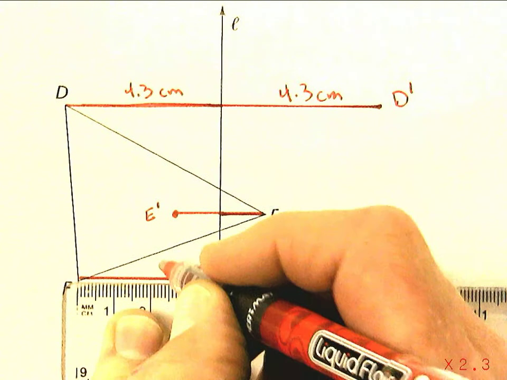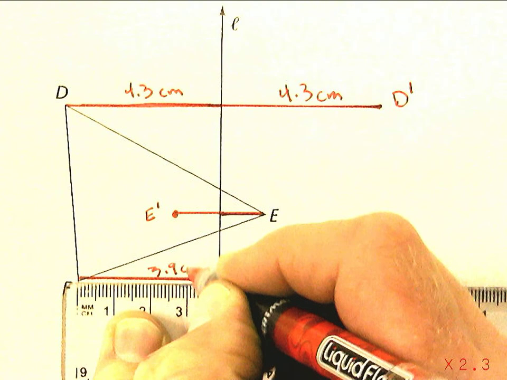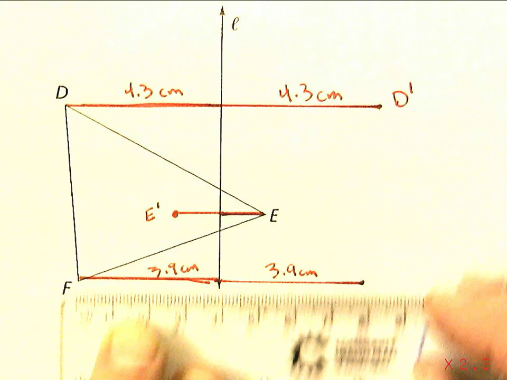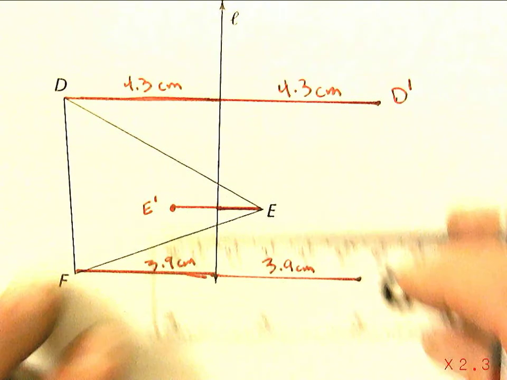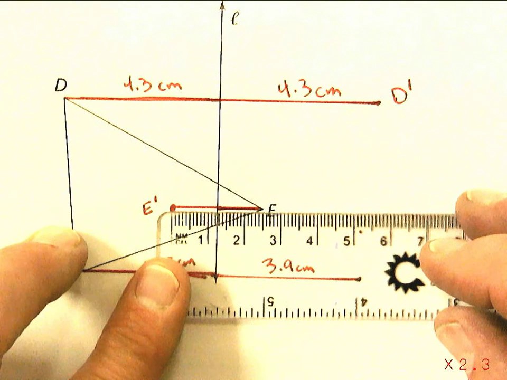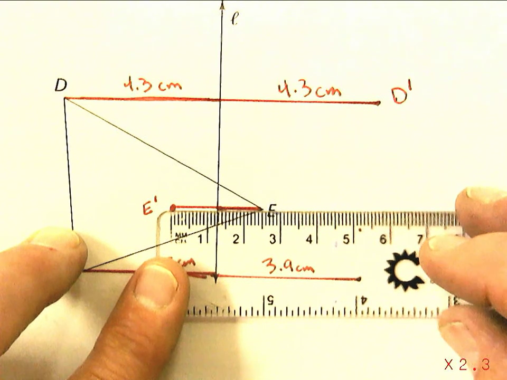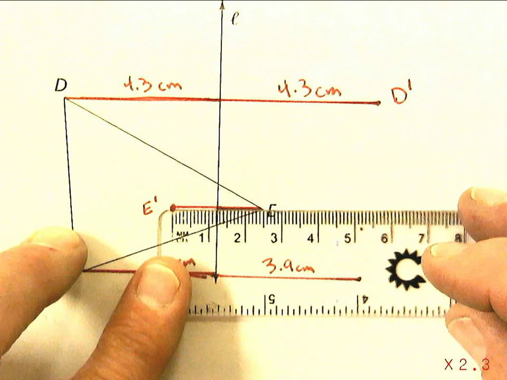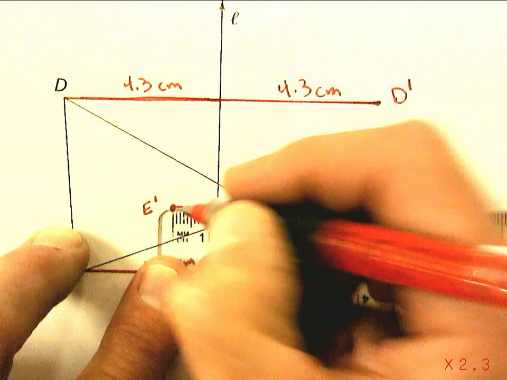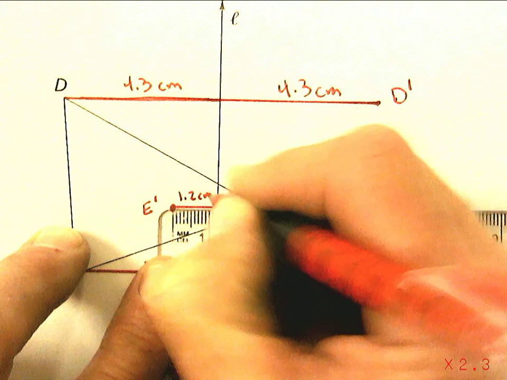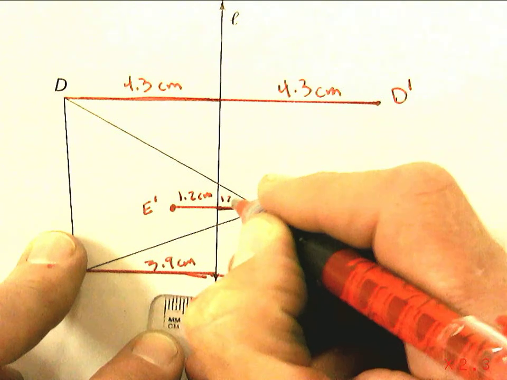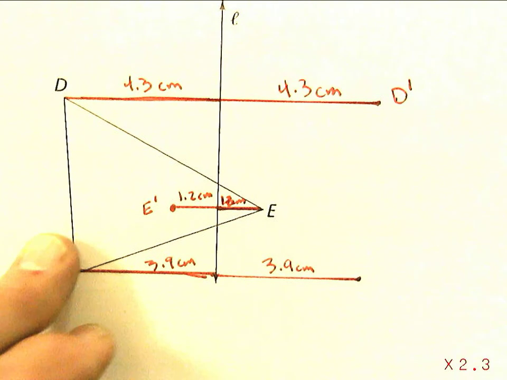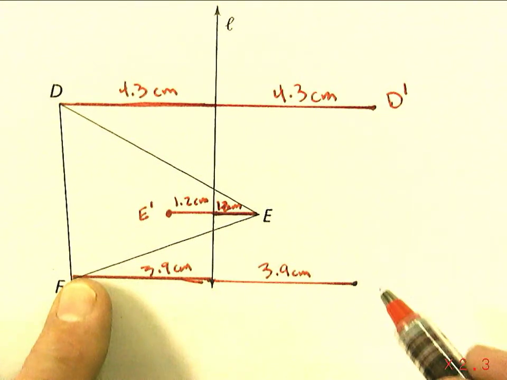So there's my distance of 3.9 centimeters, distance of 3.9 centimeters, and there's my original position. Let me put in the lengths of these parts here. Since we did that earlier, it was 1.2 centimeters and 1.2 centimeters on the other side. And so same distance on both sides.